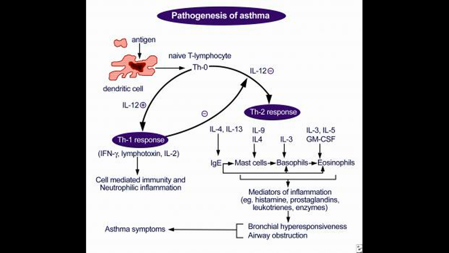Airway inflammation in asthma may represent a loss of normal balance between two opposing populations of Th lymphocytes. Two types of Th lymphocytes have been characterized: Th1 and Th2.